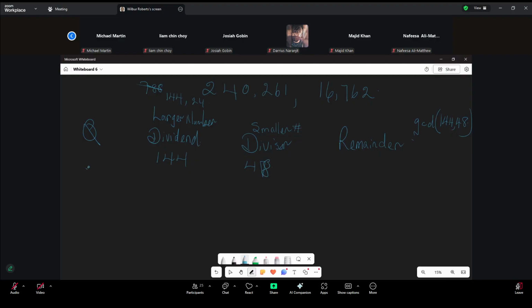So what will go across here? 48 into 144 will go how many times? Oh no, it still wouldn't work, because we'll get 48 times 3 is 144. Still didn't choose a good number.